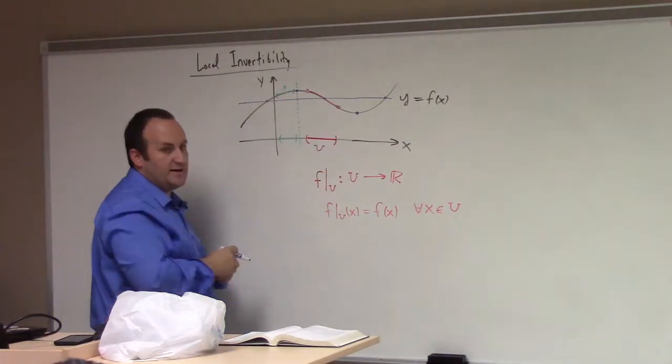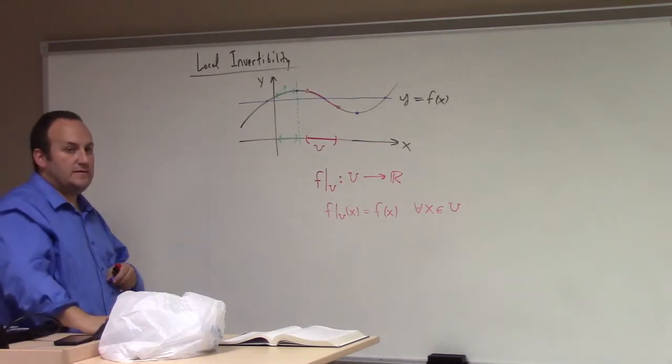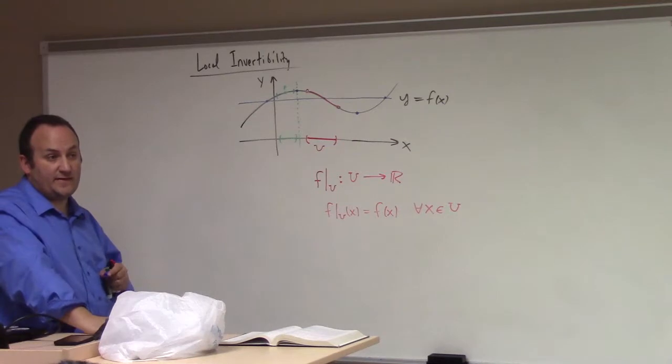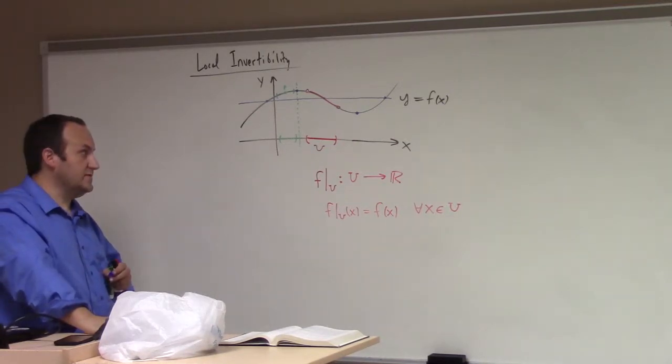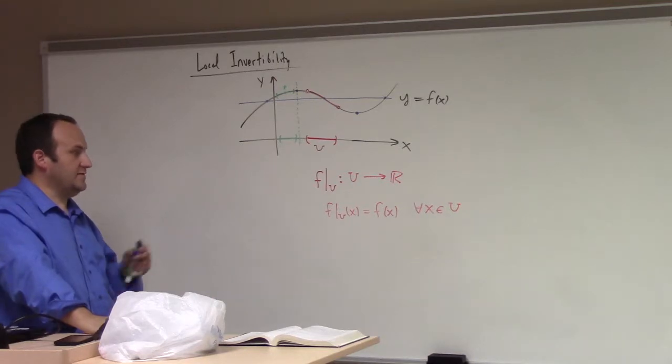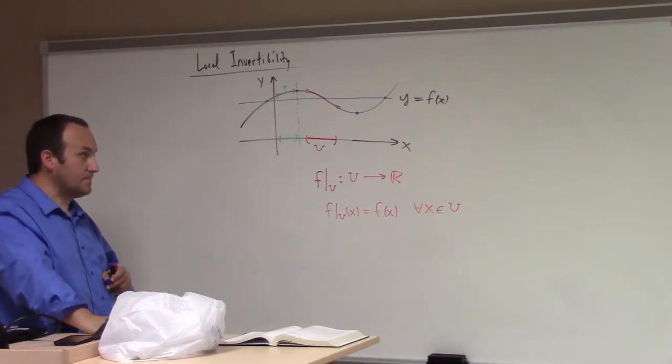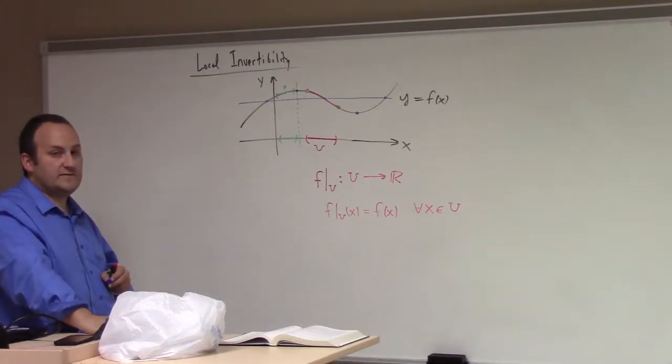That's the place where we could not invert the function, because it doesn't matter how small you shrink an open set around that point, you'll necessarily hit 2 outputs. Take a horizontal line, put it through the graph, you're going to hit 2 outputs, which means you can't find a local inverse for that restriction. What's special about those 2 points is that those are the places where the derivative is 0.